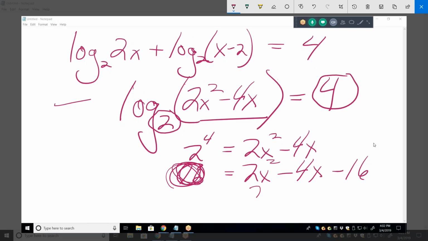And if you're going to factor it, the first thing you want to do is factor out a 2. Now you'll see that it does factor, and I can get rid of that 2 because I can divide both sides by 2. So I get 0 equals what?